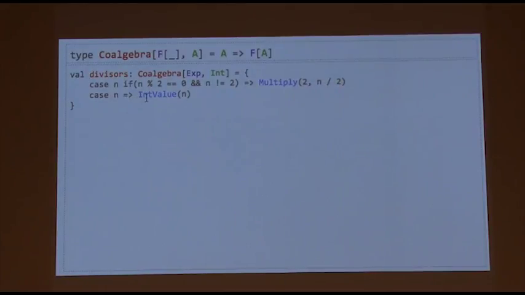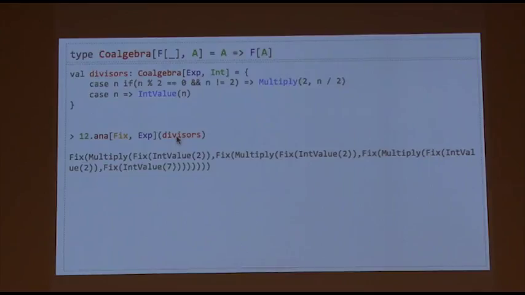If anything else, give me that integer value. So now we could call 12 anamorphism with that co-algebra, and that would just give us the expression. It would explode the representation of that value for us. You might be wondering whether you would need it, yes or no. I could talk about it, but maybe after, during the break.